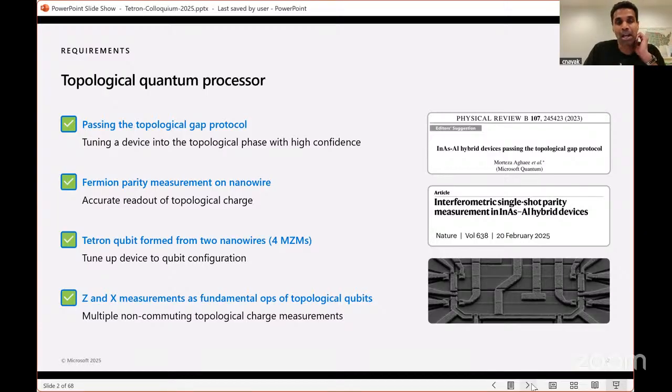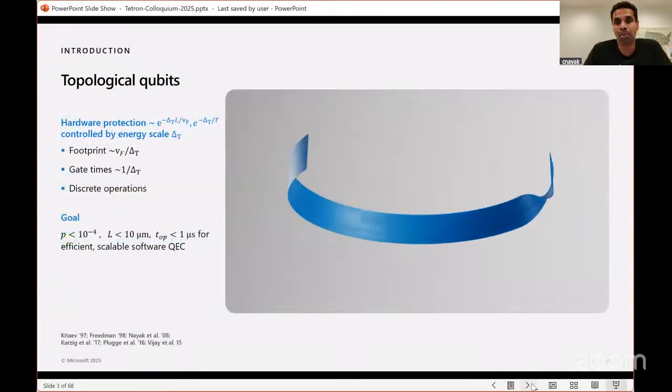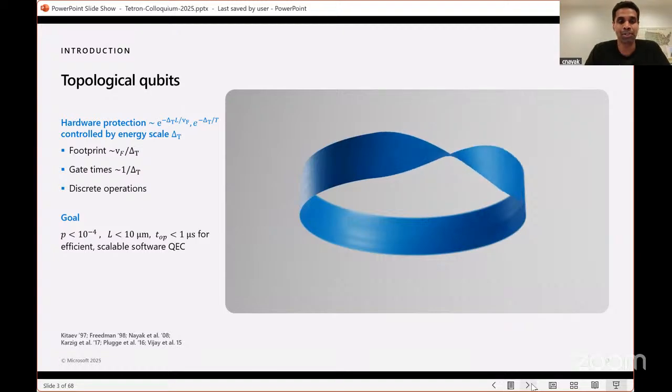Now, to explain the context and what that's all about, the basic motivating concept behind topological qubits is that you can get a level of hardware-based error protection that is controlled by an energy scale, which is the topological gap.